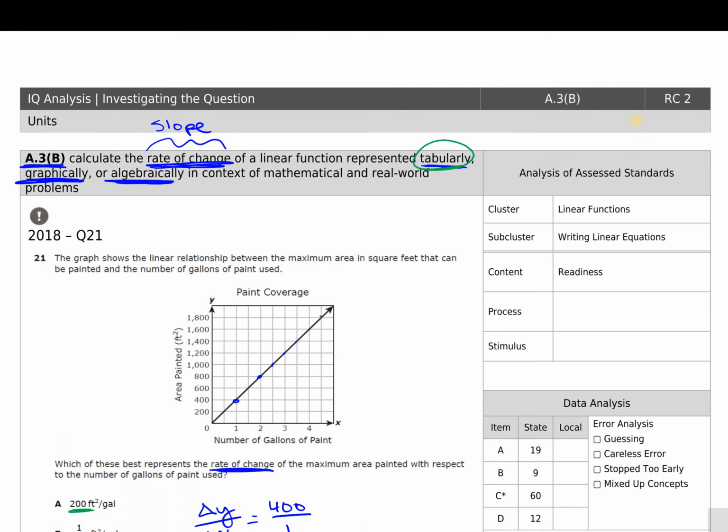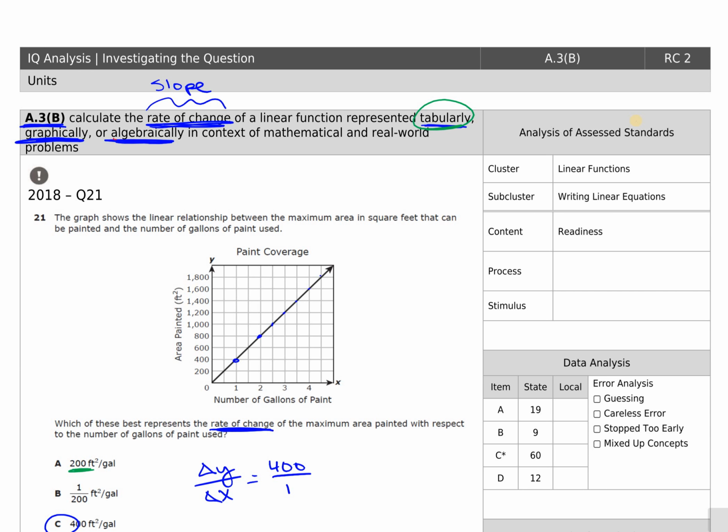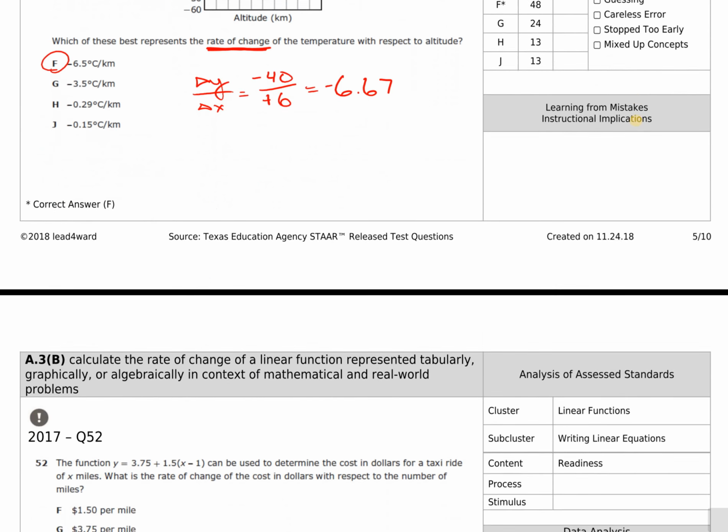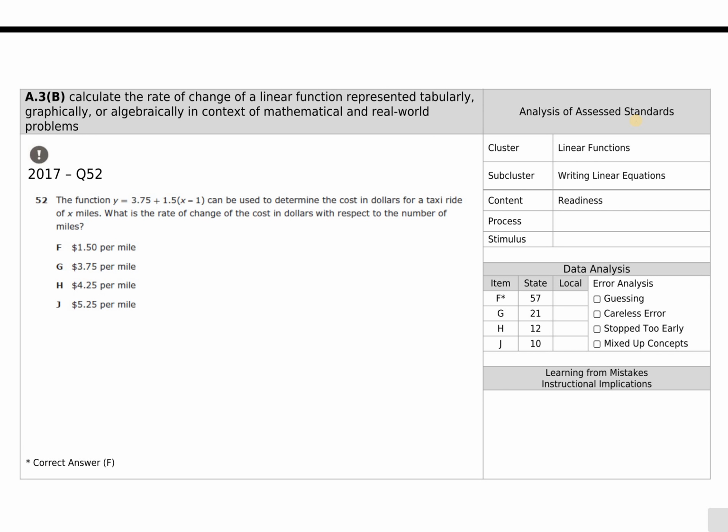All right, we've done tables, we've done graphs. We're on to our last question, which is algebraic. We look here and see that it's asking us to find the rate of change, slope, of this formula. Well, y equals mx plus b.